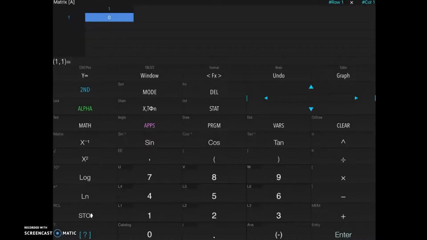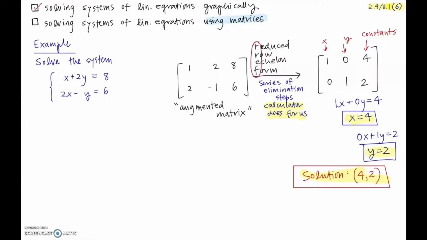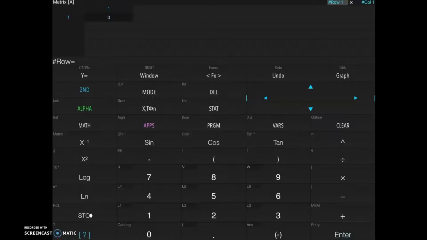I'm going to edit matrix A, and the very first thing I have to do is tell it how many rows and columns. This matrix has 2 rows and 3 columns. So we say that it's a 2 by 3 matrix. Number of rows, it has 2 rows.